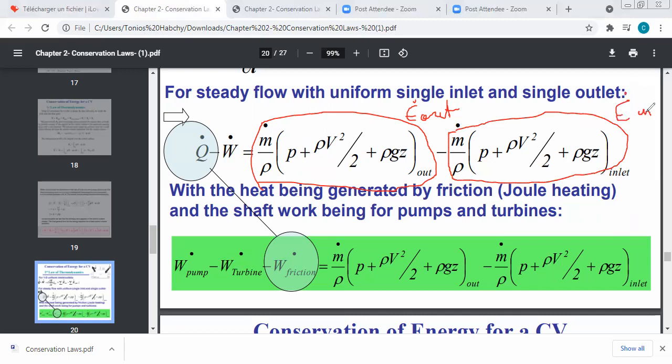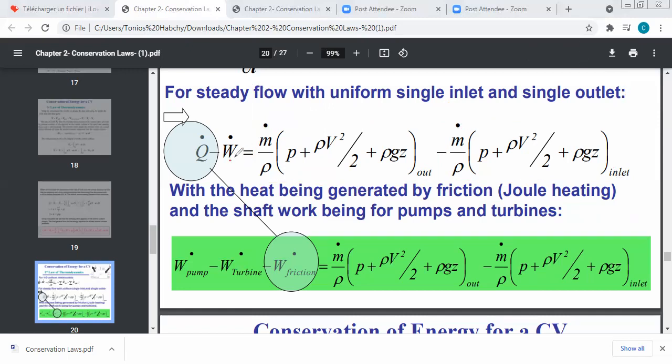And now we want to apply this equation to a certain problem where we have a pump, a turbine, and friction forces. So what will happen? We should evaluate this term, W dot. As we said, a pump is putting work on the system. This equation considers that all work that we put on the system is accounted as negative work. So I should replace W dot by minus W dot pump.